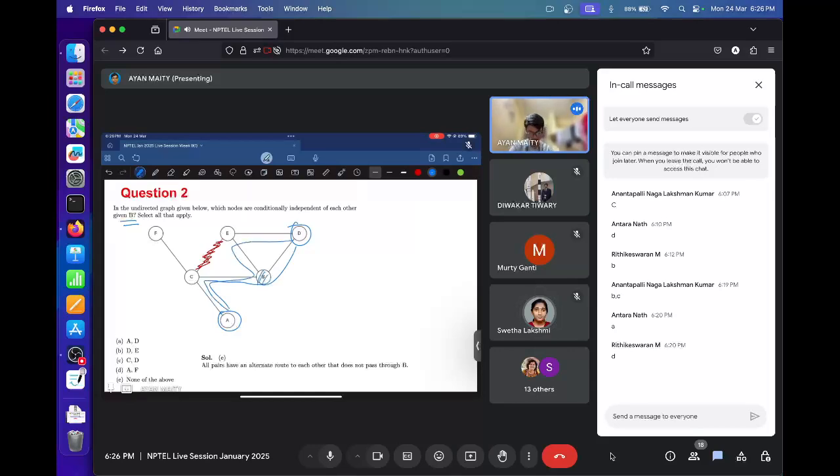So in that case, all the paths from A to D go through B, because this edge between C and D is not there. If this edge does not exist in this question, it exists. But if this edge was not there in the question, then A and D would have been independent of each other given B, because all the paths between A and D go through B.